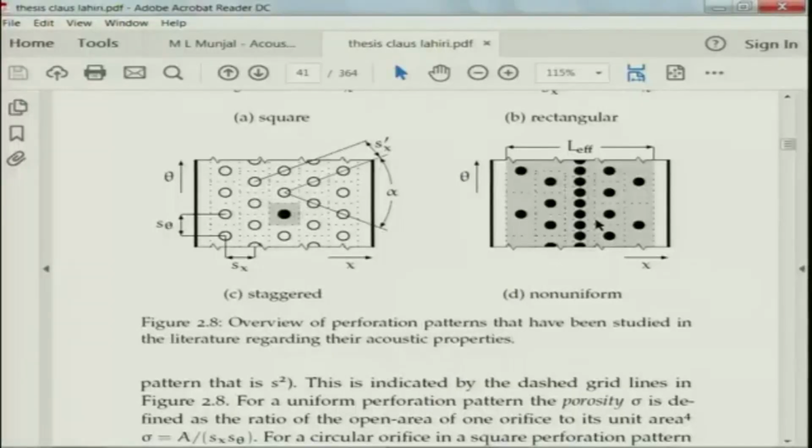Now, one parameter that obviously becomes very important here is the porosity, that is the ratio of the total circumferential area, and the fraction of the circumferential area that is open. That is given by the number of holes. So, the total open area divided by your overall circumferential area is your open area ratio, which is highly related to the porosity.